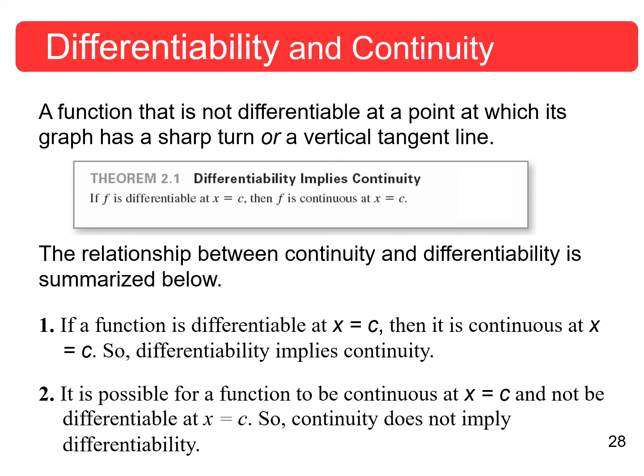Now the relationship between continuity and differentiability is summarized here. We have seen that if a function is differentiable at x equals c, then it is continuous at x equals c. So therefore, differentiability implies continuity. But the converse is not true. Continuity does not imply differentiability. It is possible for a function to be continuous at x equals c and not be differentiable at that point.